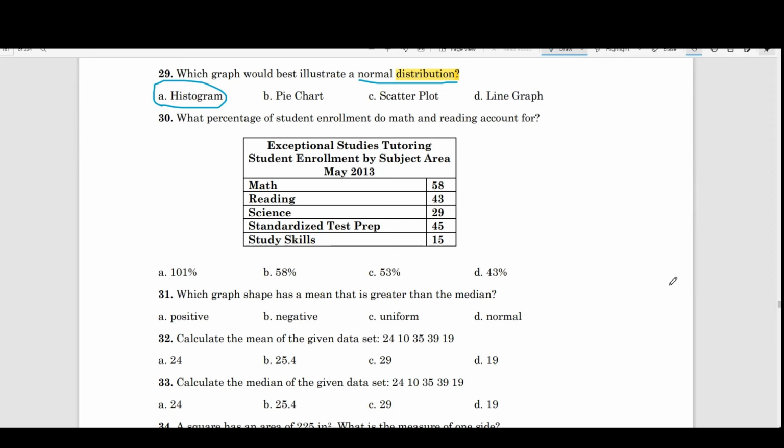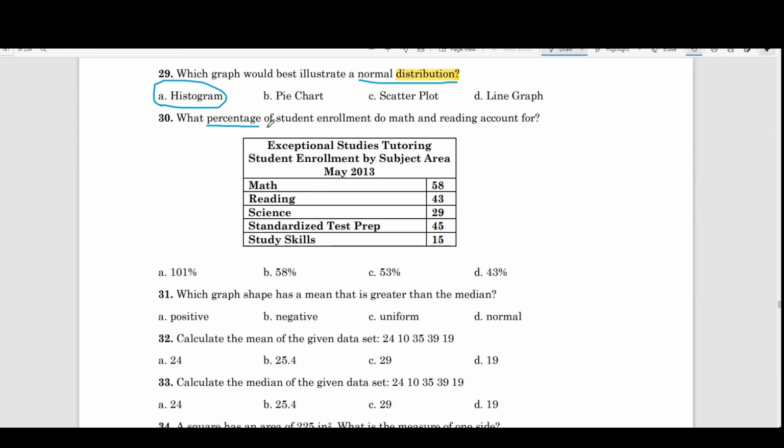Number 30 says, what percentage of student enrollment do math and reading account for? So if we look at our chart, it says exceptional studies tutoring student enrollment by subject area May 2013. So we have 58, 43, 29, 45, and 15. The question is asking for a percentage.